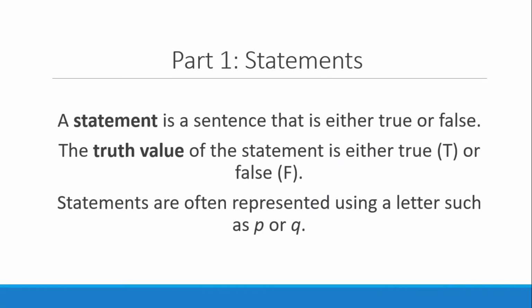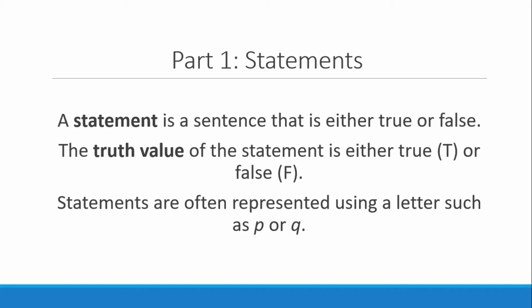Now, a statement is a sentence that is either true or false. So the truth value, meaning whether it's true or false, the statement is either true or false. There's no other possibility. So if you make a statement, like let's say the sky is green, well, either that statement's true or false. They can't be both at the same time.